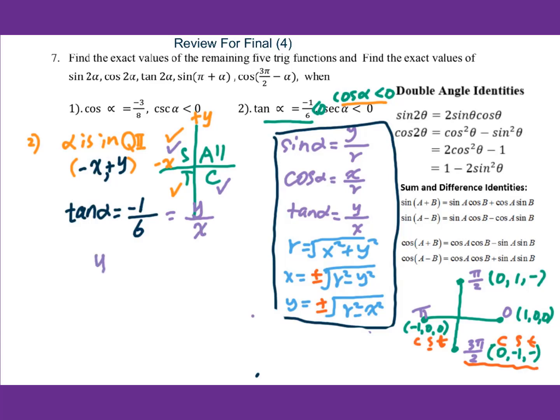Since y is positive, we label y equals positive 1 and x equals negative 6, because negative 1 over 6 equals 1 over negative 6. So you have to figure out whether x and y are positive or negative according to the quadrant.